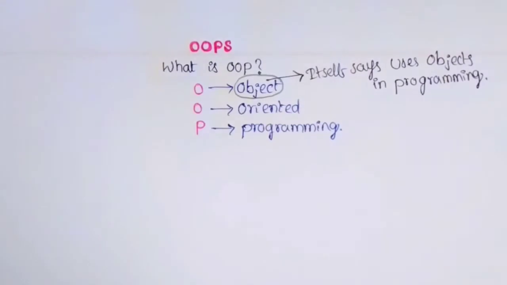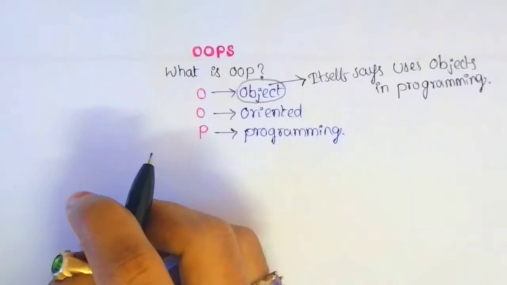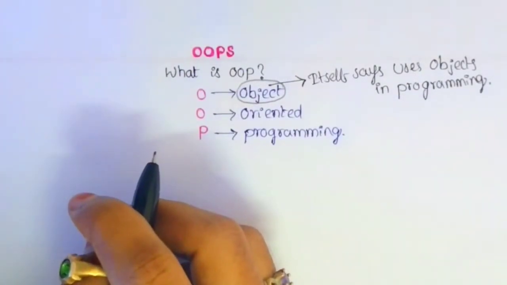Let's see the definition. OOP is a programming model.